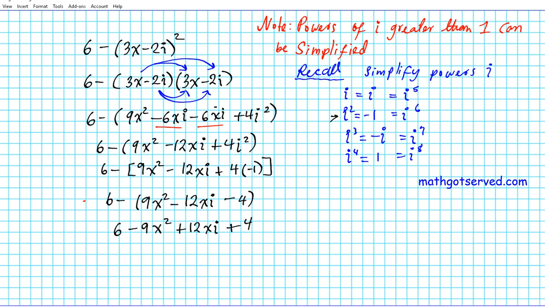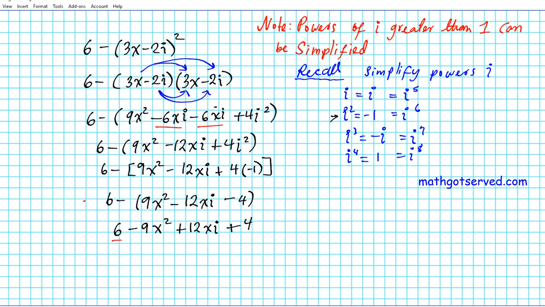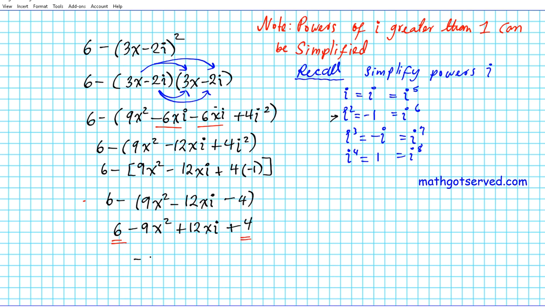Okay? Are there like terms that can be combined? Let's see. Yes, we can combine positive 6 and positive 4. So that gives us negative 9x squared plus 12xi plus 10. Alright, so ladies and gentlemen, that is the equivalent form of the original expression that was provided to us.